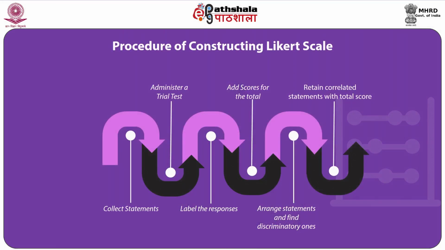Thirdly, the responses to various statements are scored in such a way that a response indicating the most favorable attitude is given the high score of 5, and that with the most unfavorable attitude is given the lowest score of 1. Likewise, the reverse pattern should be followed for negative responses.